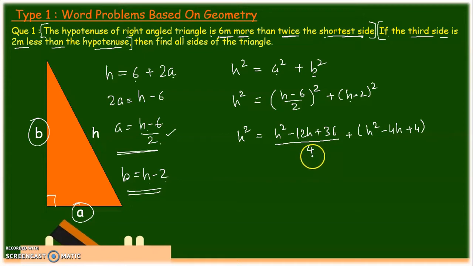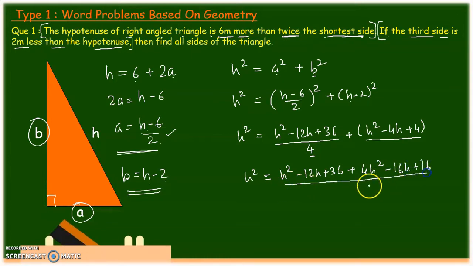Now take 4 as the LCM, so it will be h square equals h square minus 12h plus 36. This 4 will be multiplied with this bracket, so it will be 4h square minus 16h plus 16, whole divided by 4.